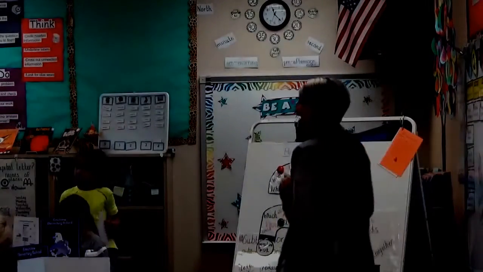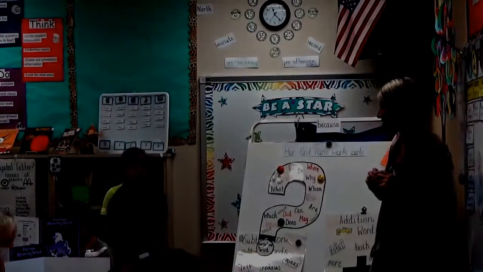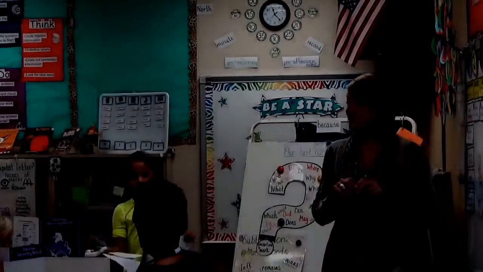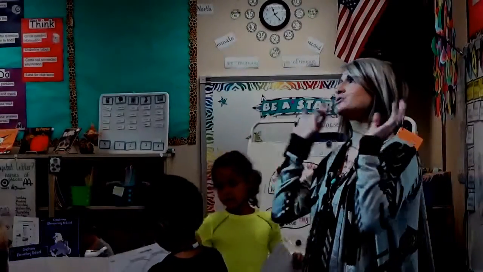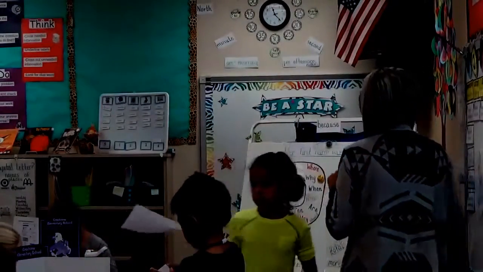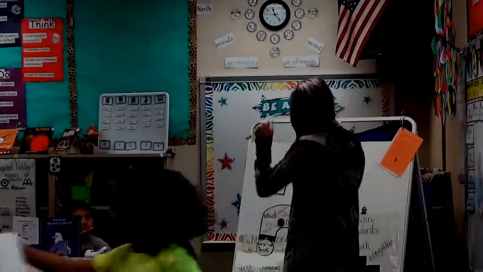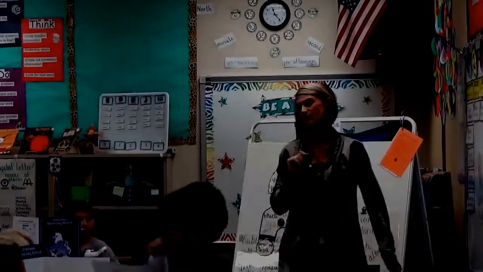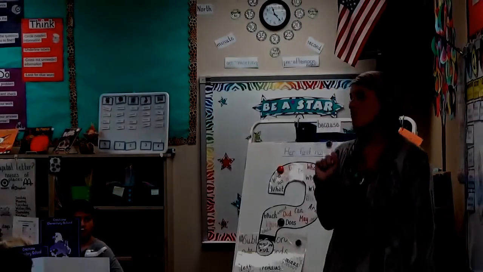Oh, Faith asked such a great question. She said, can you write more than 5? Yeah. If you get 5 and you say, oh, but I know so much more about Stephanie's Ponytail, you can write more things.